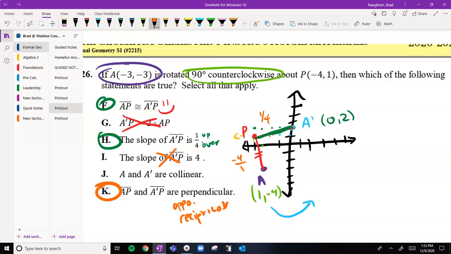And I double check this. Let me double check this for number 28. Again, it doesn't have that right answer. So we're going to go ahead and, 26, not 28, 26. So it says F, H, and K. So we got those. But J is actually correct.